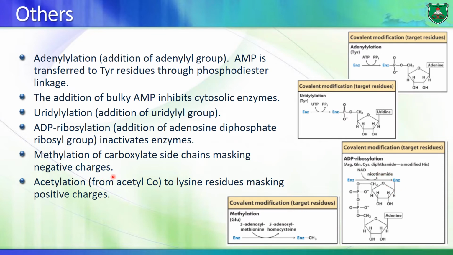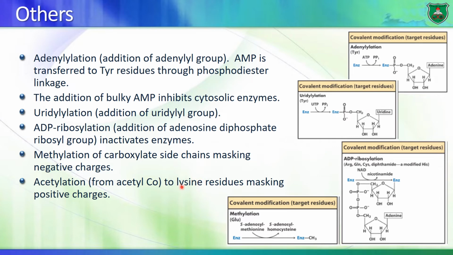Now you can have the addition of small groups like methylation and acetylation, and this can also influence or regulate enzyme activity. Usually methylation is done at the carboxylic side chains of residues, as well as the end of proteins, and acetylation is done via the addition of an acetyl group to lysine.